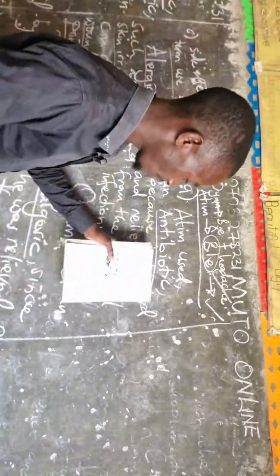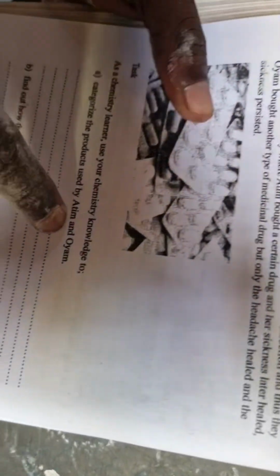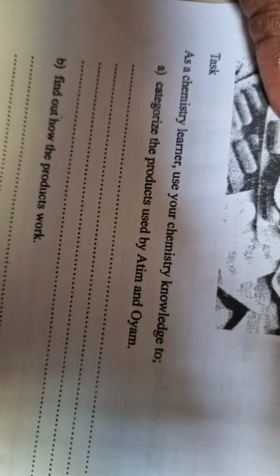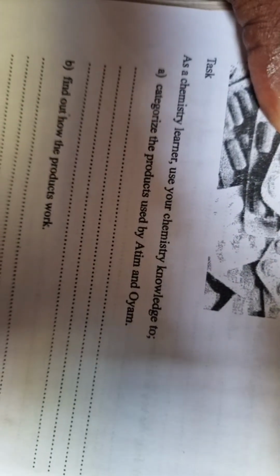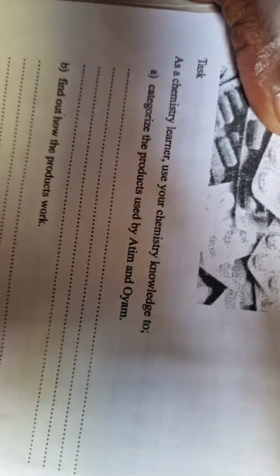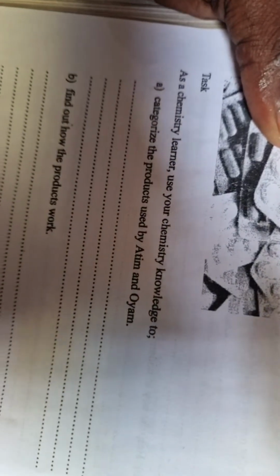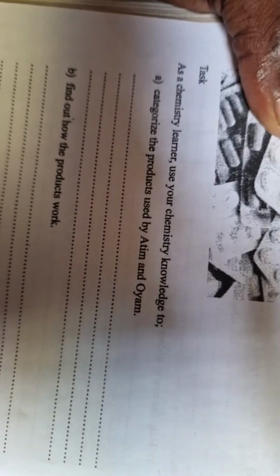They were to categorize the products used by Atim and Oyam. Let me think I've answered you, Timothy. They told us to categorize because each of them used a different drug. So we had to categorize each separately. They did not use the same drug.